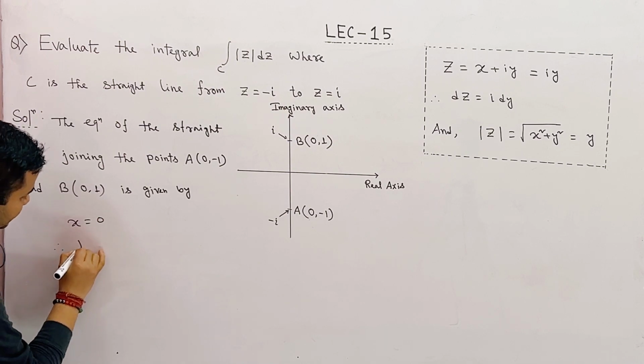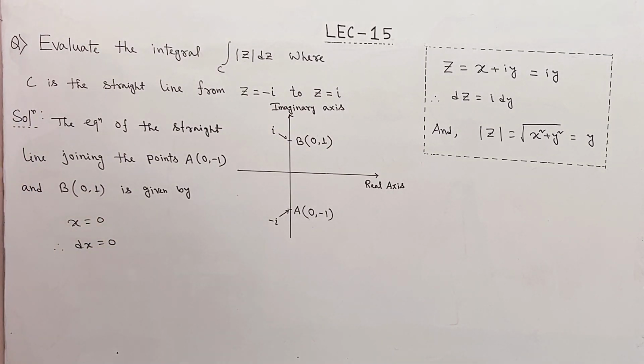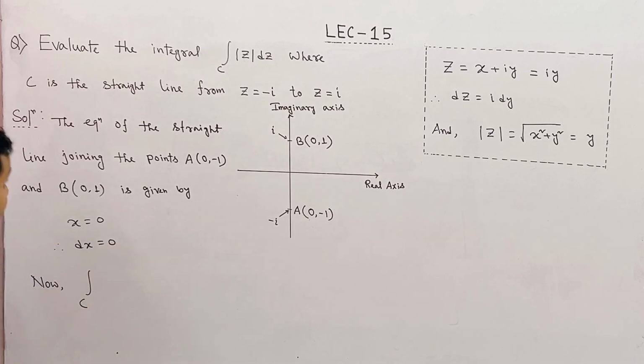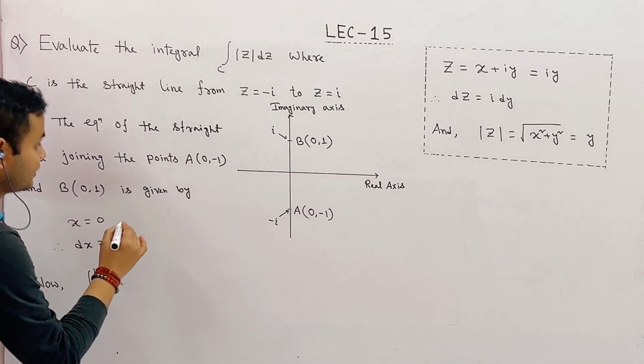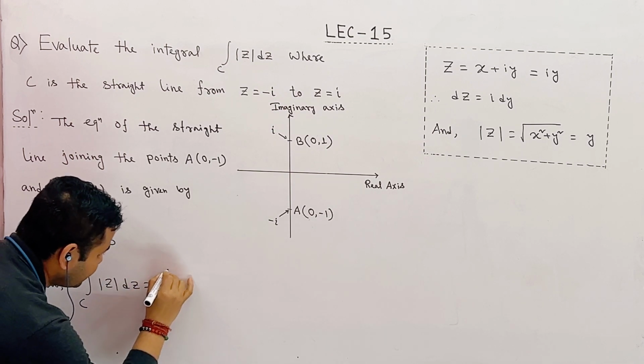So, therefore, dx will be equal to 0. Now, integration along path C, modulus of z dz will be equal to integration.